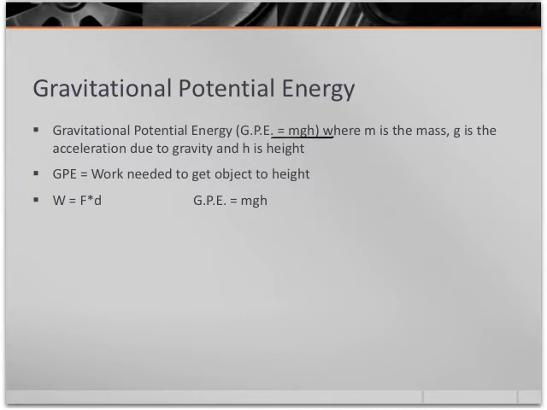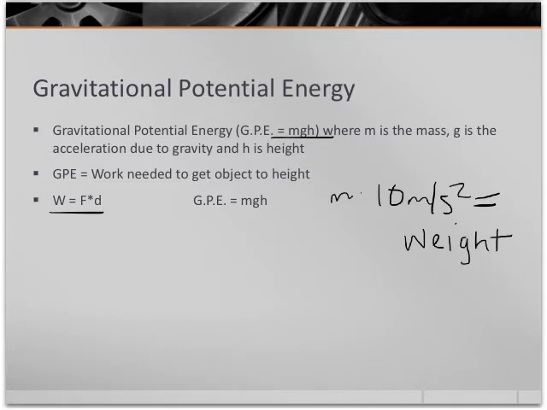We know work is force times distance. Potential energy is mass times gravity, which if you multiply a mass times 10 meters per second squared, hopefully you guys remember that that's also known as your weight. If you take your mass and multiply it by the acceleration due to gravity, you're getting your weight.